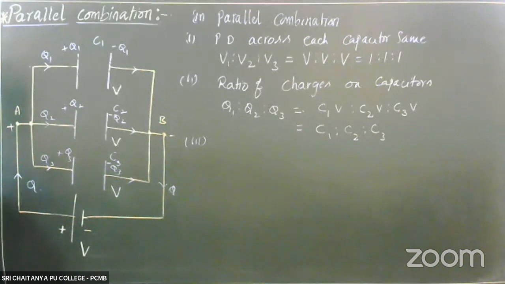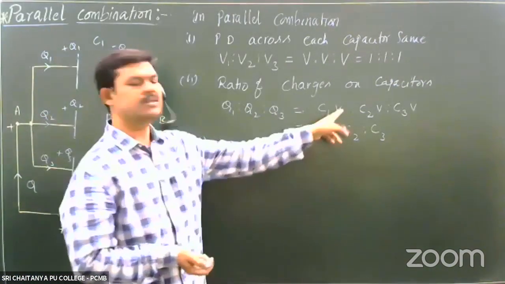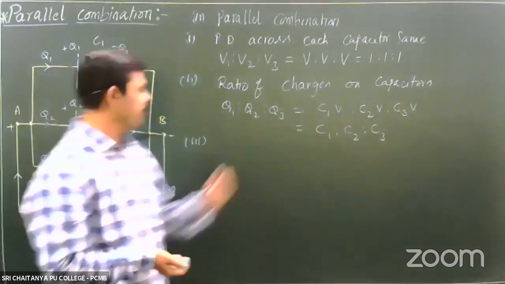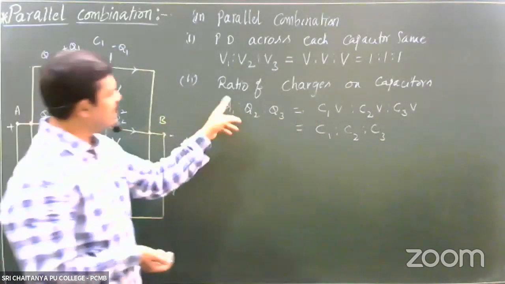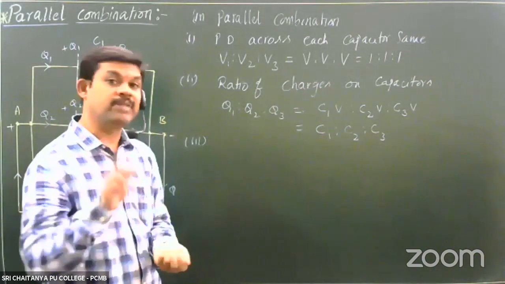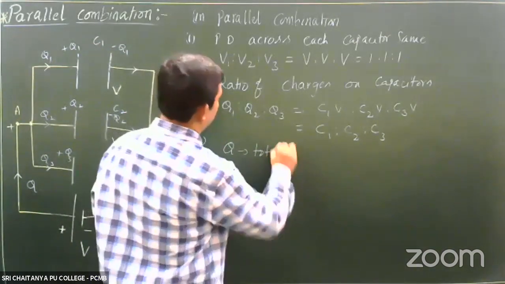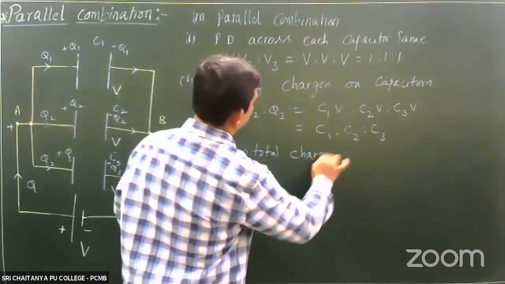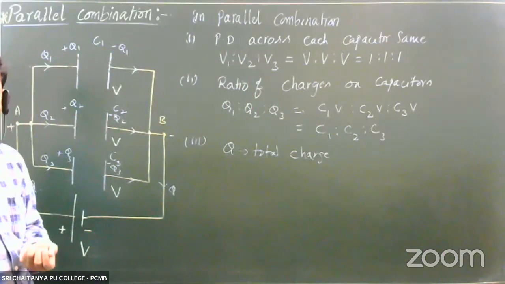Well, third, what is the charge on each? If the total charge is Q, what is the charge on each? You can find it simply by using Q1 equals C1V. C1 is given to you, the applied potential is given, then the charge on the first capacitor is C1V, C2V, C3V. Sometimes they give Q as the total charge in the circuit.